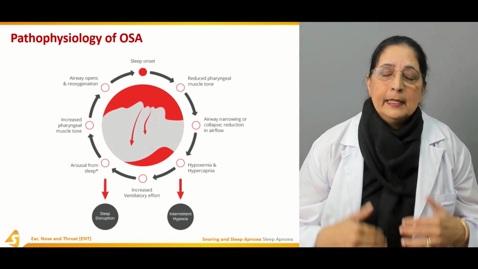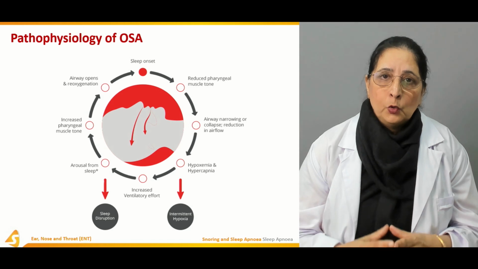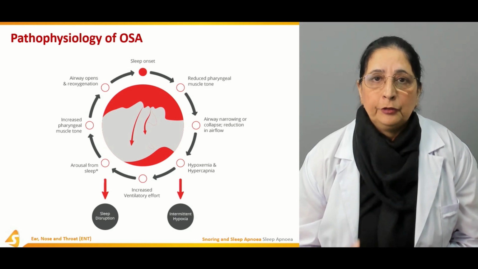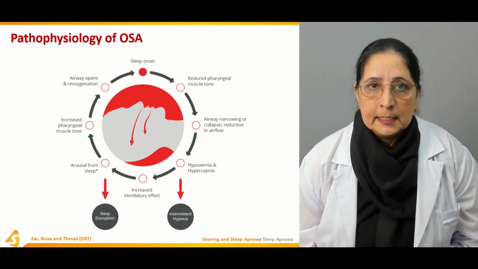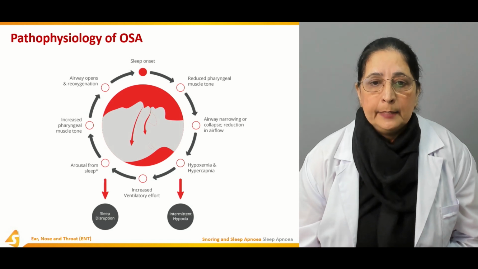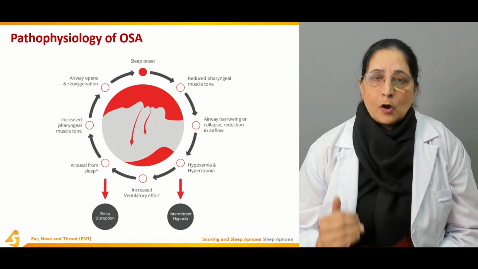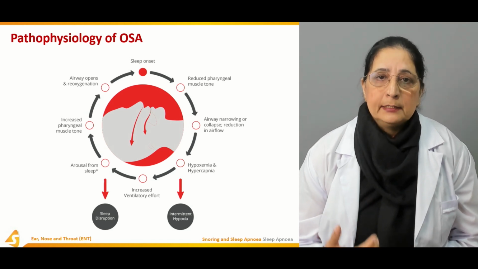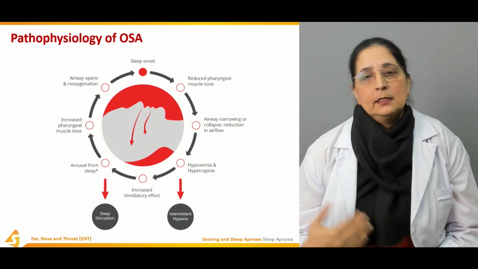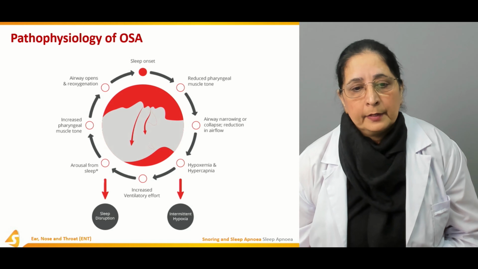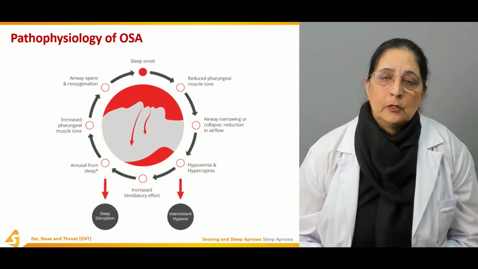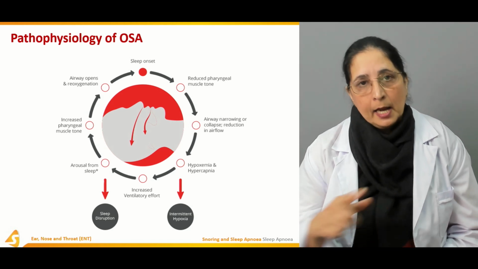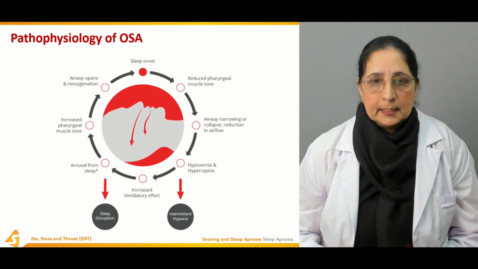The person wakes up, and with the waking up, the tone is increased, and then the cycle is repeated again and again. So that's the abnormality behind obstructive sleep apnea, causing hypoxia and hypercapnia, and this increases the ventilatory effort, which causes the disturbance of sleep. Once the person wakes up, there is an increase in the pharyngeal muscle tone, and that comes again and again. That's the cycle.